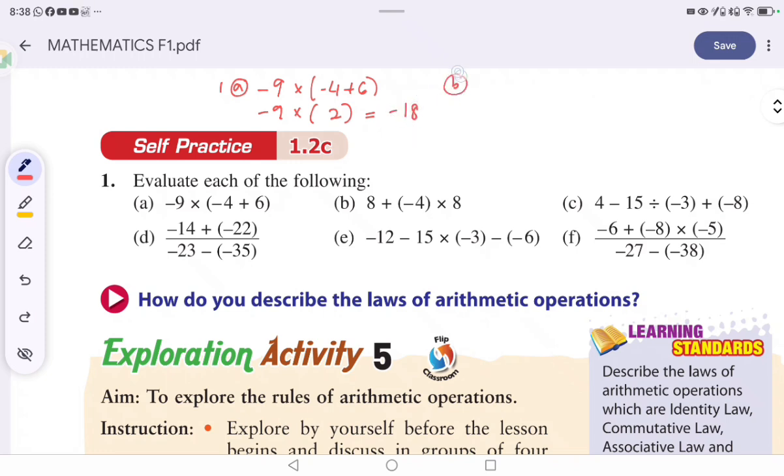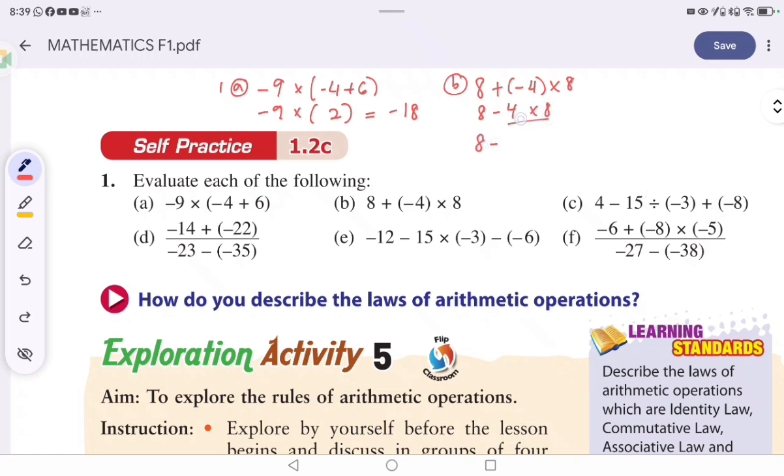Now the B. Question B. 8 plus minus 4 times 8. You open the bracket, plus minus becomes minus 4 times 8. You do the multiplication first.